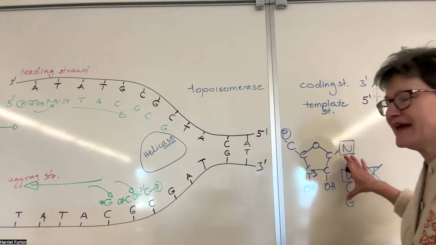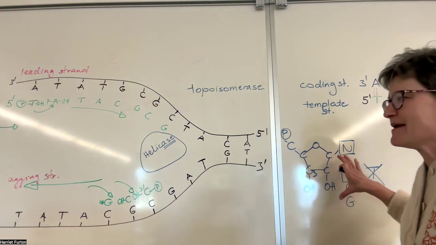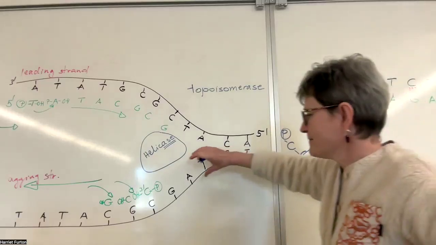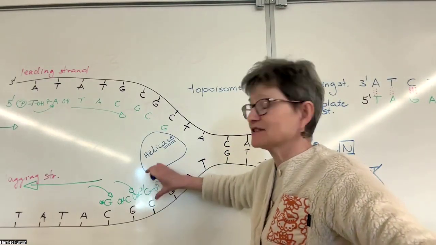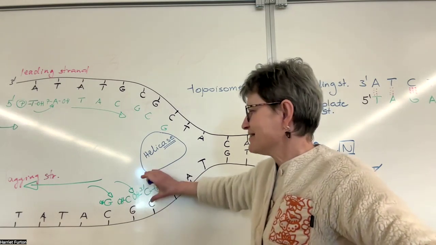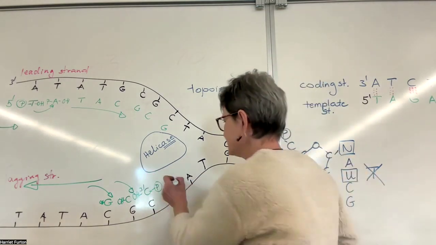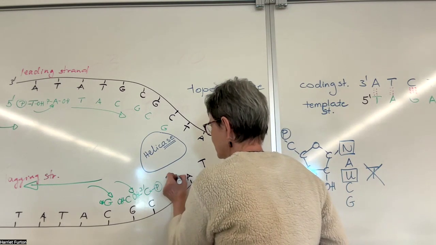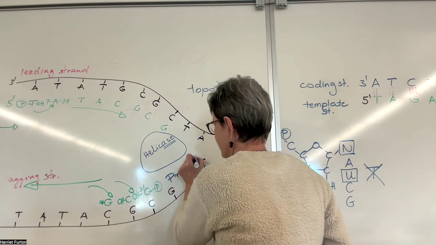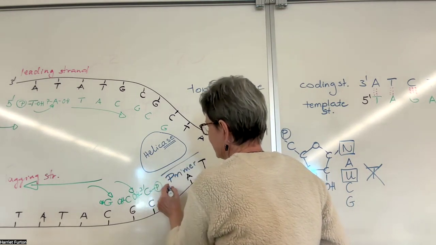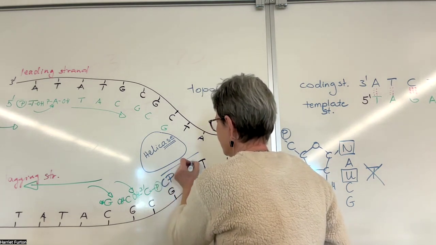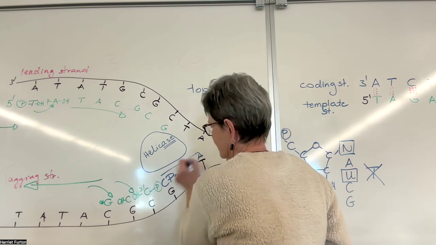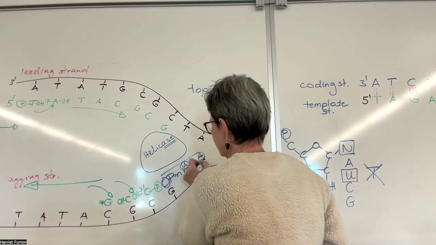So we have the RNA primase that will make a primer starting the lagging strand, starting the synthesis. And this RNA primer, for example, in here, C, U, and A. Okay, this is the primer for that.